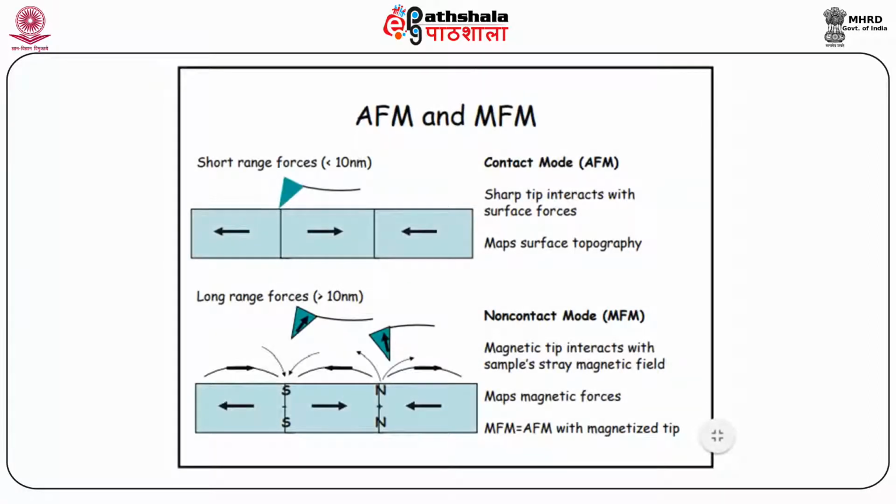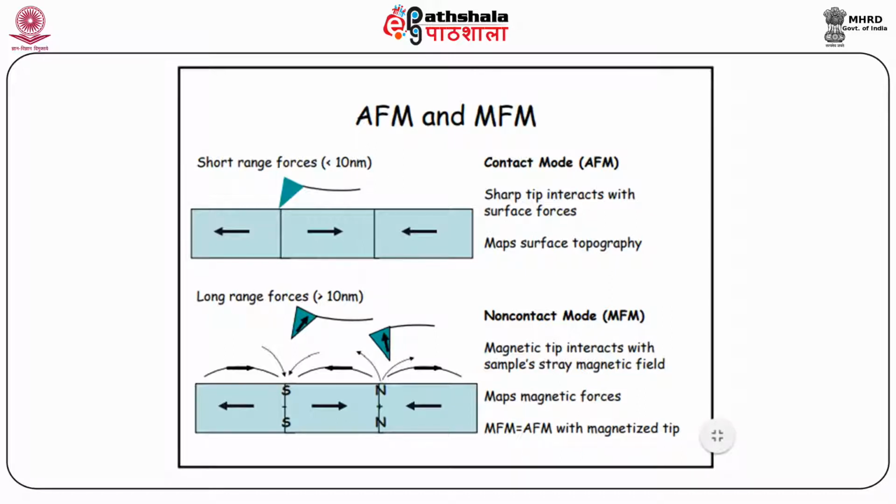Comparison of AFM and MFM. When we compare MFM and AFM, we get this kind of flow diagram. Short range forces, up to about 10 nanometers, can be indicated this way through contact mode. The sharp tip interacts with surface forces and maps surface topography.